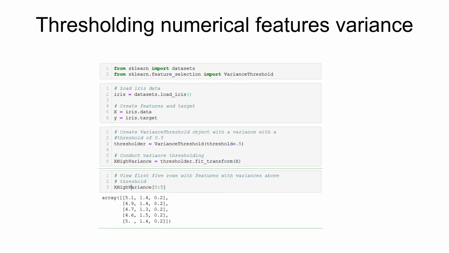Here is the implementation in scikit-learn, but in practice it is just to create a threshold and eliminate everything that is smaller than this specific threshold.